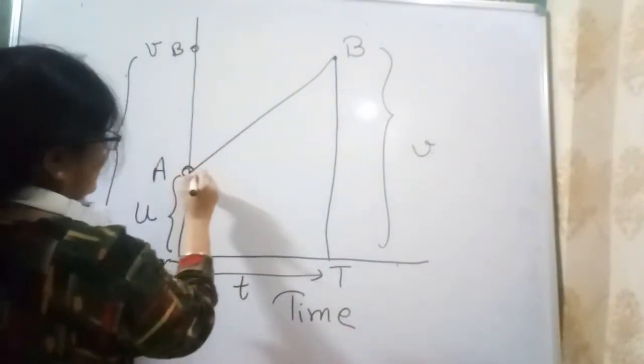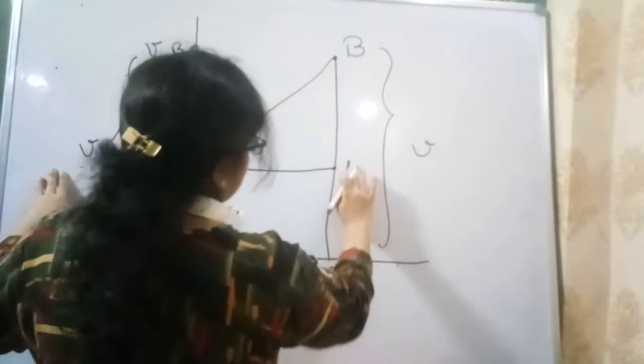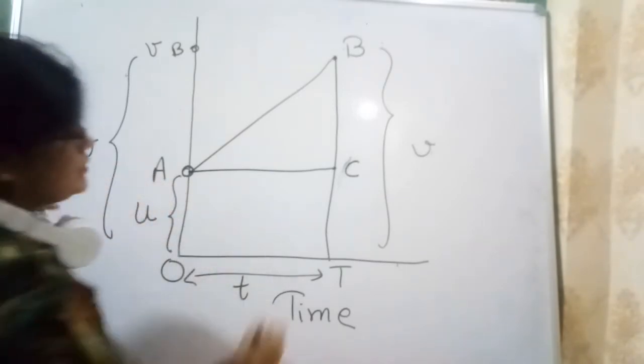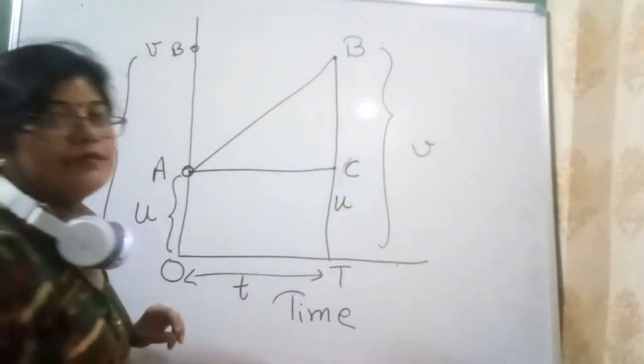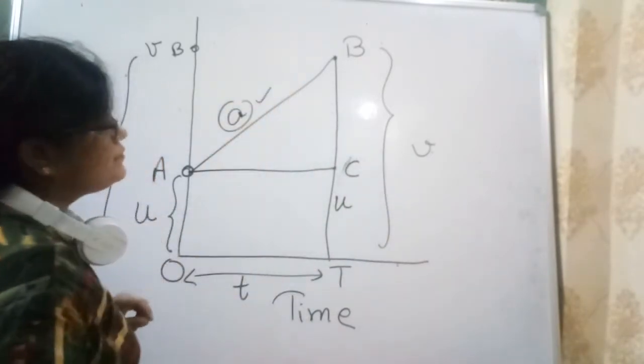Clear? Now draw a parallel line which connects this and make it C. Clear? Now this is U, then you have U. Clear? And this line is A. Understood?